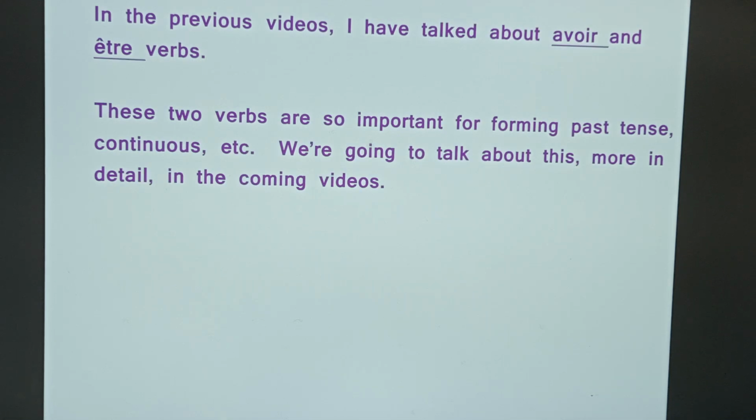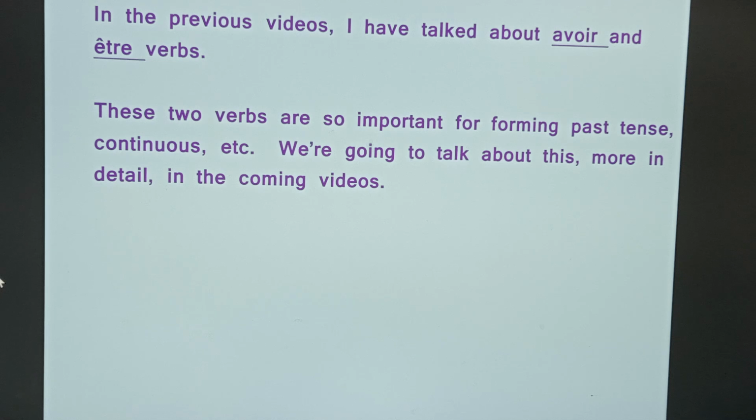In the previous videos, I have talked about avoir and être verbs. So today we talked about the être verbs. So where did we get, like, je suis en train d'aider? Where does it come from? If you have watched my previous videos, avoir and être are auxiliary verbs. They are helping verbs because they tell whether the action is happening now, or is continuous, or in the past or in the future.